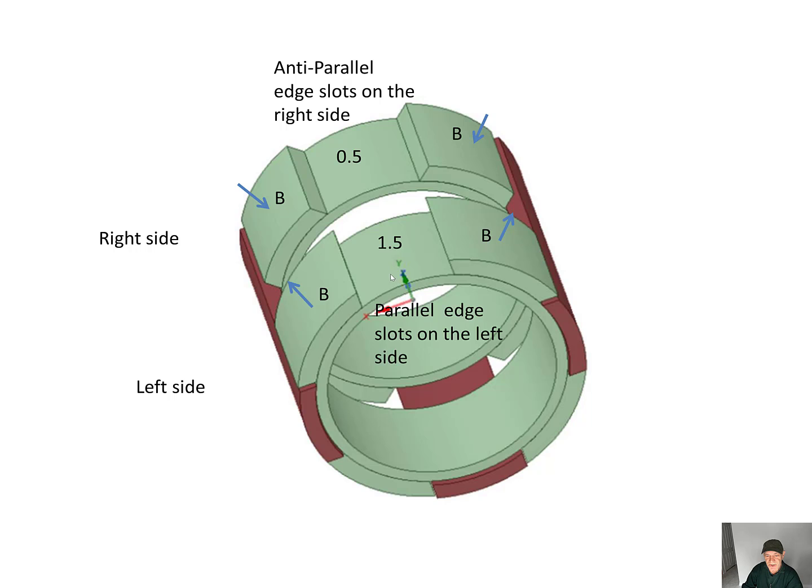Here are the parallel edge slots on the left side. Here are the anti-parallel edge slots on the right side. So the B field goes outwards through the anti-parallel teeth and inwards through the parallel teeth, and the induction will always be in the same direction, from left to right.